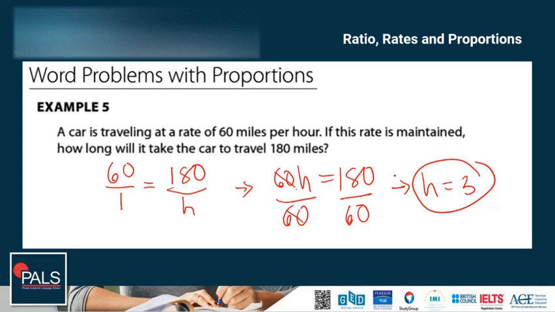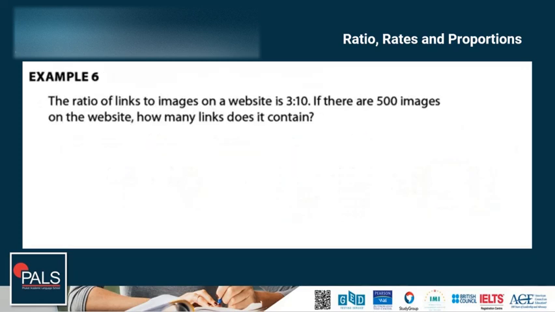Let's try another example. Example 6. The ratio of links to images on a website is 3:10. If there are 500 images on the website, how many links does it contain?